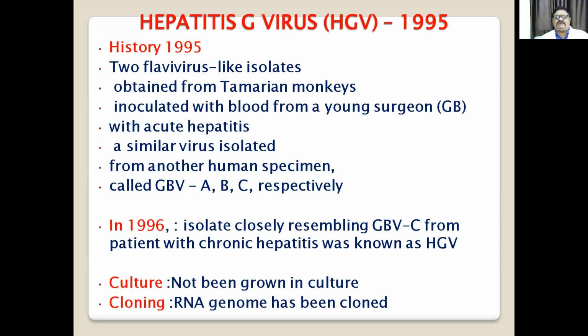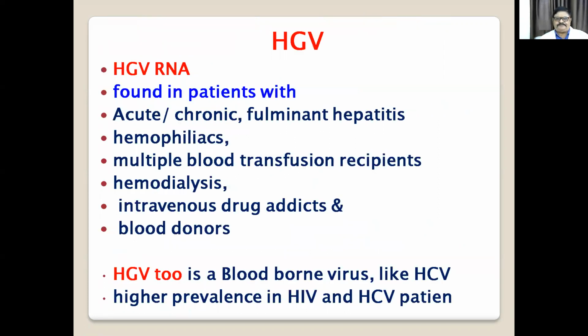Culture: we are unable to grow it in culture outside the human body. Cloning: the RNA genome has been cloned. So what about the HGV RNA? It is found in patients with acute or chronic fulminating hepatitis, hemophiliacs, multiple blood transfusion recipients, people receiving hemodialysis, intravenous drug addicts, and also blood donors. So hepatitis G virus is a blood-borne virus.